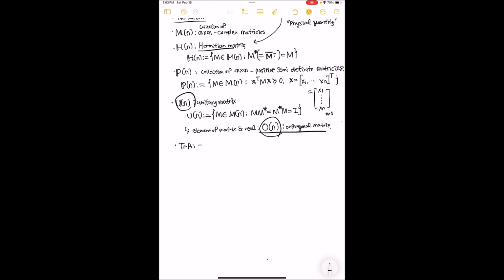And tr A means the trace of A. If an n by n matrix is given, trace A means the sum of the diagonal elements.